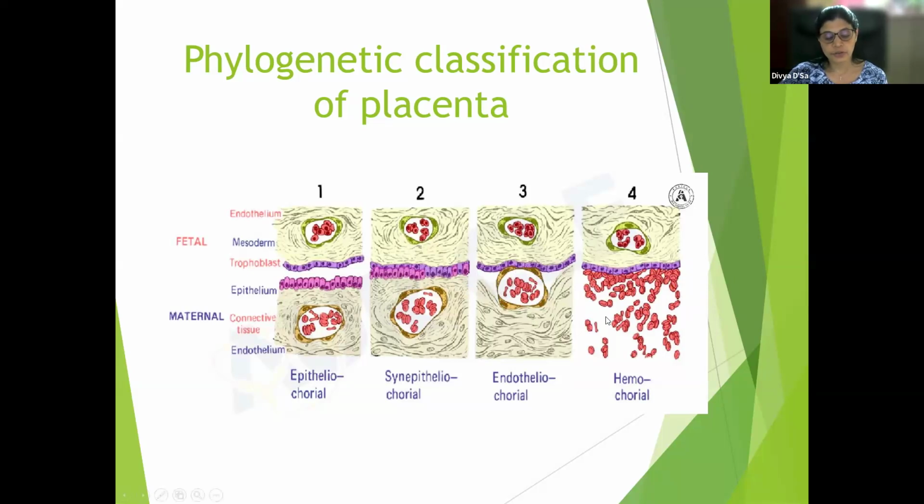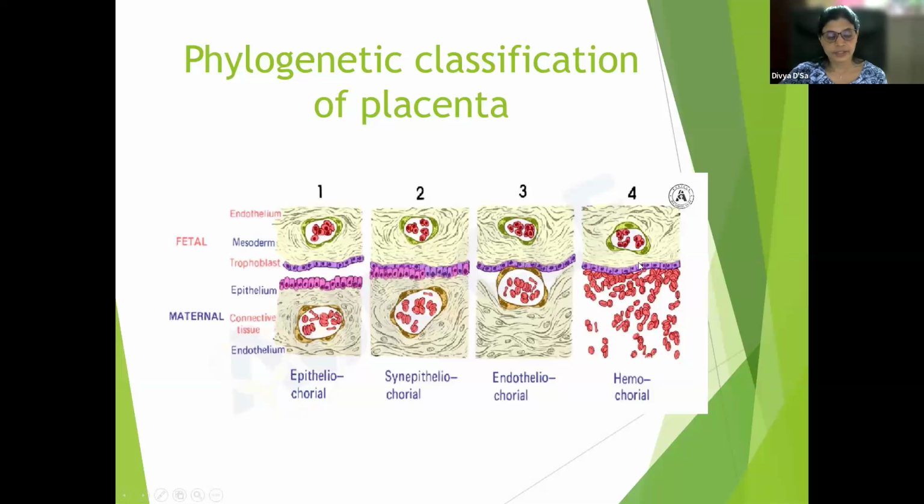Then we also have endothelial, where the blood of the mother, that is the maternal side, comes in contact with the endothelium of the fetal blood vessels. In endotheliochorial, we say the endothelium of the maternal blood vessel comes in contact with the chorion.